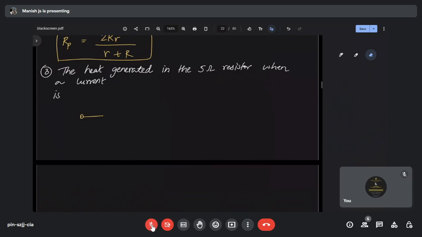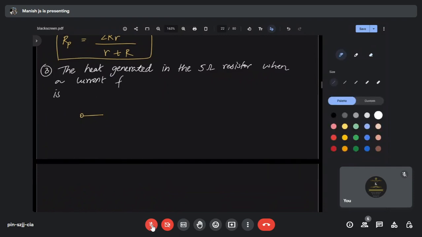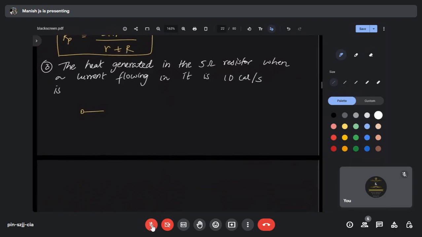When current flowing in it is 10 calories per second, let's put it like that because we are referring to heat. So 10 calories per second. We will change it like this.